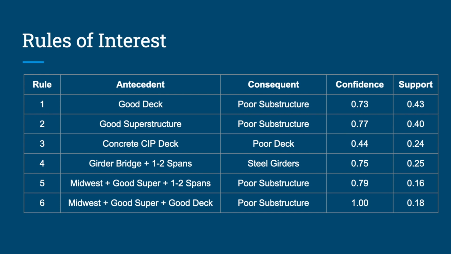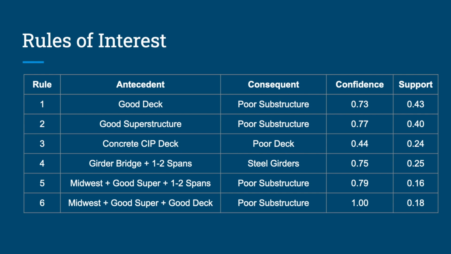Rule number 1 tells us that 73% of bridges with a deck that's in good condition have a substructure that's in poor condition. And rule number 2, 77% of bridges with a superstructure in good condition have a substructure that's in poor condition. So that's 2 cases where these rules are pointing to the substructure as the problem.